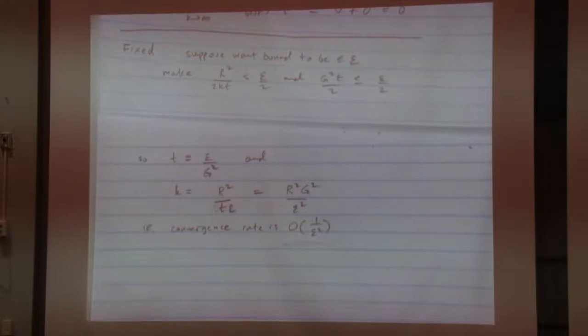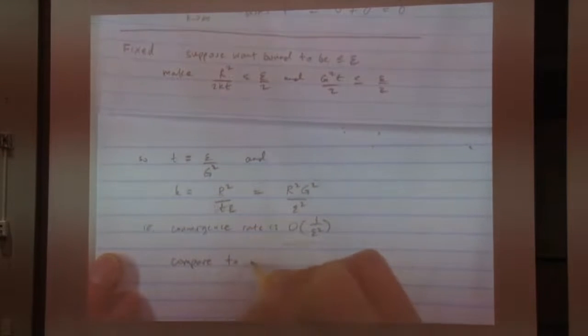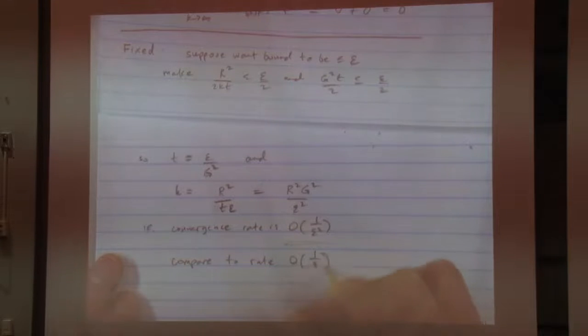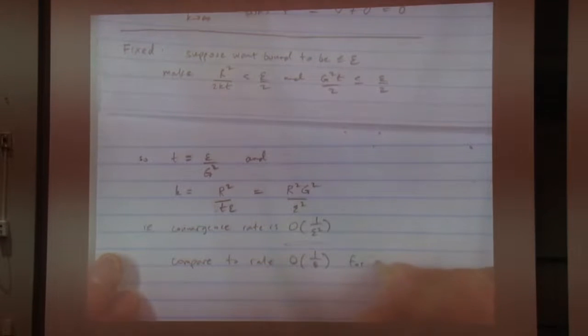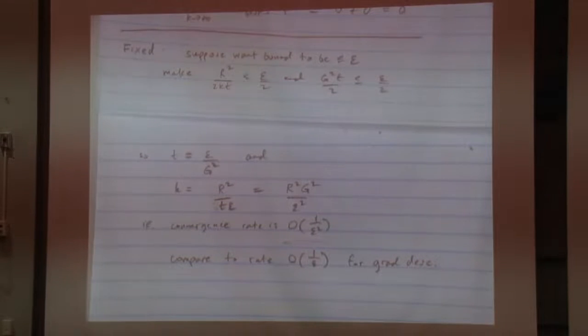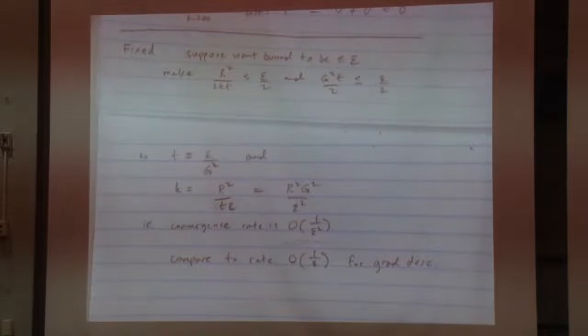Okay, so compare this to gradient descent, right? Gradient descent had 1 over epsilon. This is a rather big difference, right? Suppose we wanted epsilon to be, say, 10 to the minus 3, 0.001.